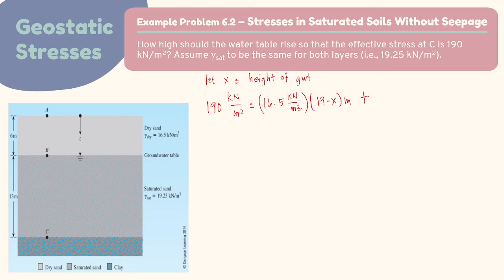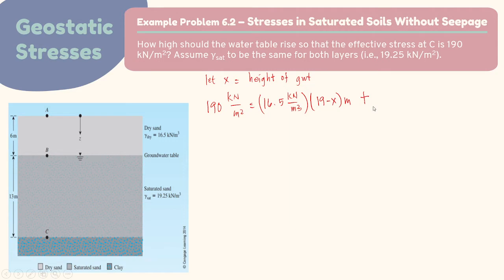So now let's proceed. If we subtract the unit weight of water from the saturated unit weight of the soil, what we'll get is the effective unit weight, or the buoyant unit weight, of the soil.